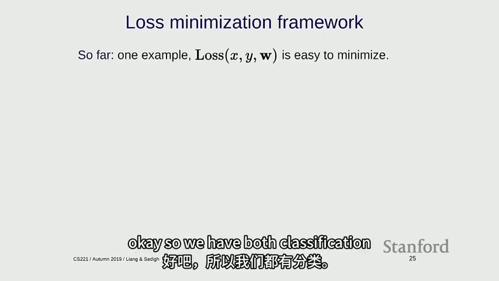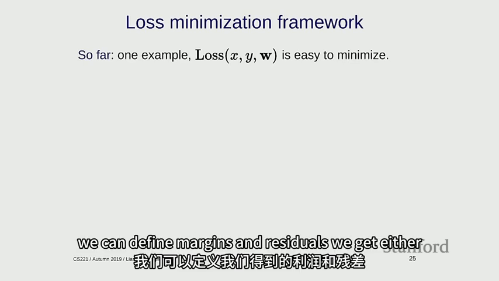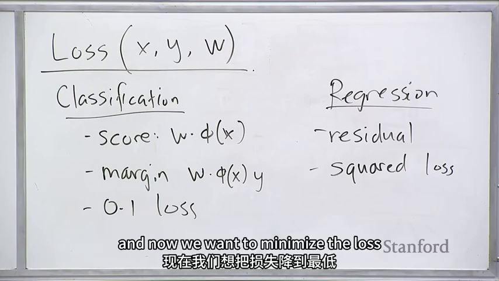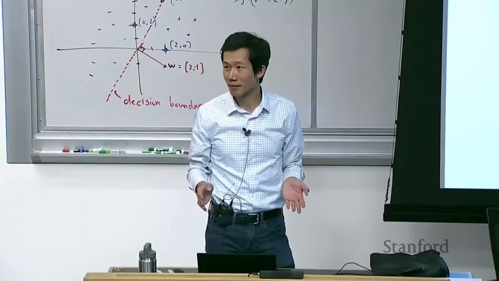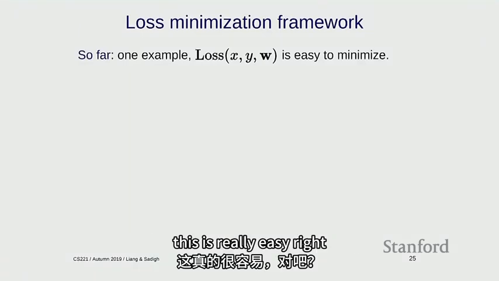Okay, so we have both classification and regression. We can define margins and residuals, and we get different loss functions out of it, right? And now we want to minimize the loss. It turns out that for one example, this is really easy.